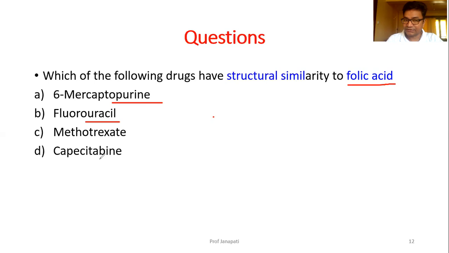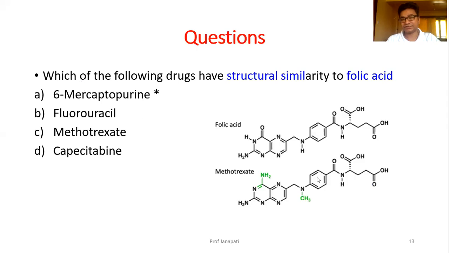Capecitabine is a cytosine derivative. Methotrexate is the drug which has the structural similarity with folic acid. You can also see some of the structures which we placed. So this is the structural similarity with folic acid. Methotrexate is the correct answer.